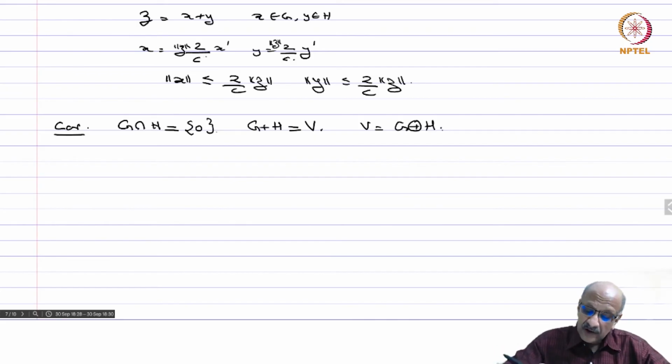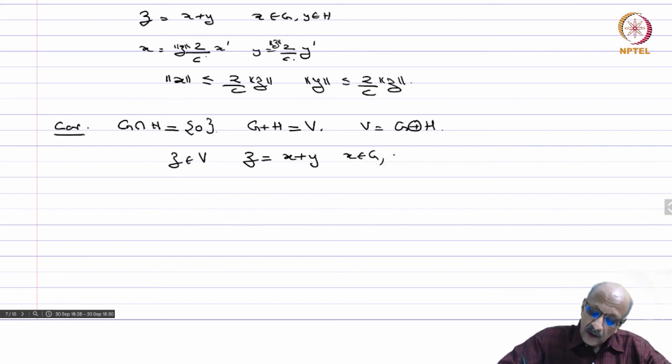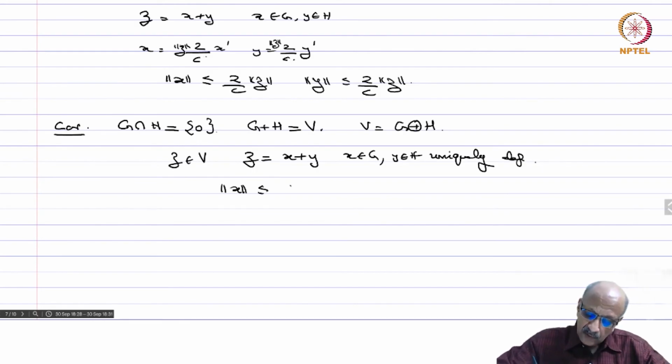There is no several decompositions possible. So by the previous theorem, for Z in V, Z has a unique decomposition x plus y, x in G, y in H, uniquely defined, and you will have norm x less than or equal to C times norm Z, norm y less than or equal to C times norm Z.